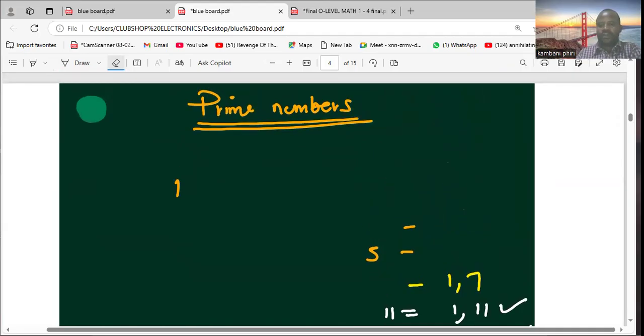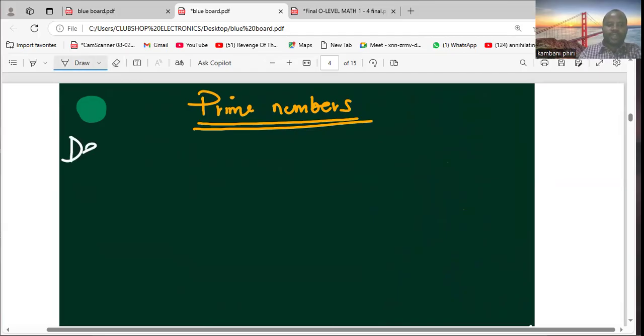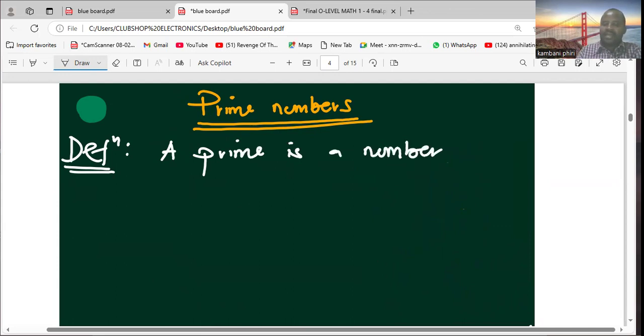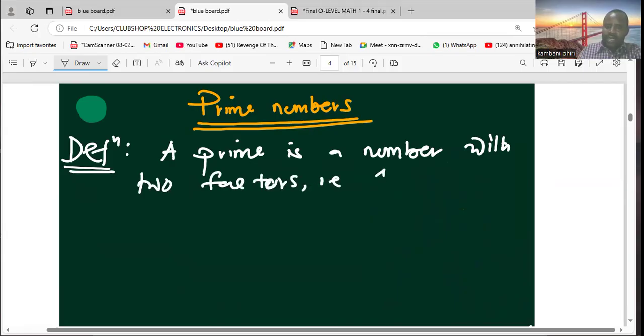From what we've discussed, we can conclude that a prime number, by definition, is any number with two factors, that is, 1 and the number under consideration.